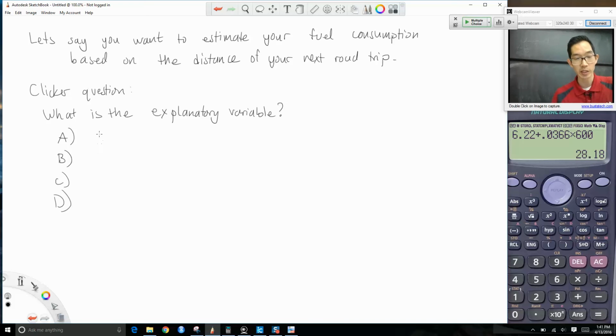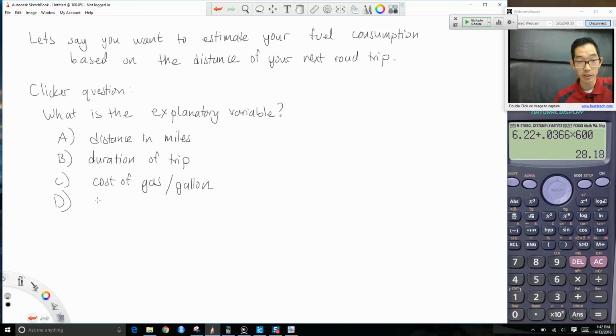The options are distance in miles, duration of trip, cost of gas, or gallons of gas used.